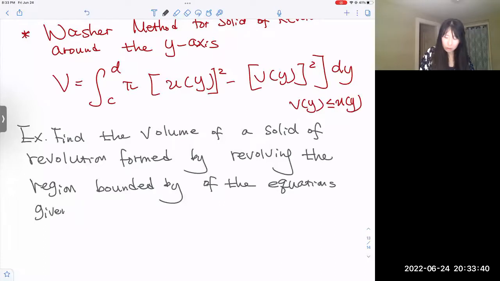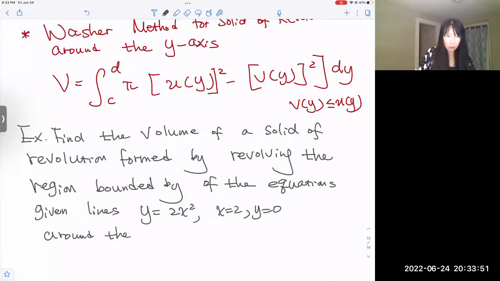Given is y equal to 2x squared, x equal to 2, y equal to 0, around the y-axis.